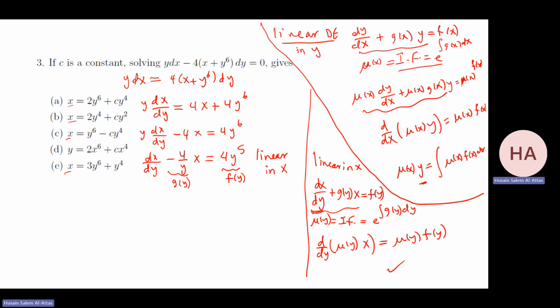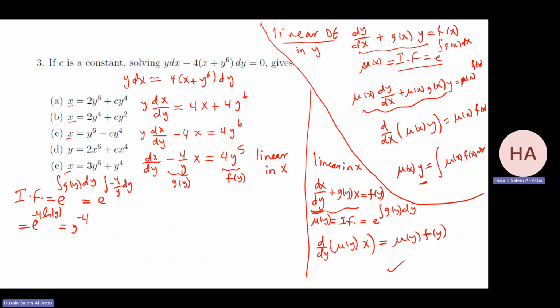Okay. Now I'll do the procedure. What is the first step? Find the integrating factor, which is e to the power integral of g of y dy. Everything in terms of y. So e to the integral of minus 4 over y dy. That will be what? Yeah, minus 4 ln y, which is y to the power minus 4.